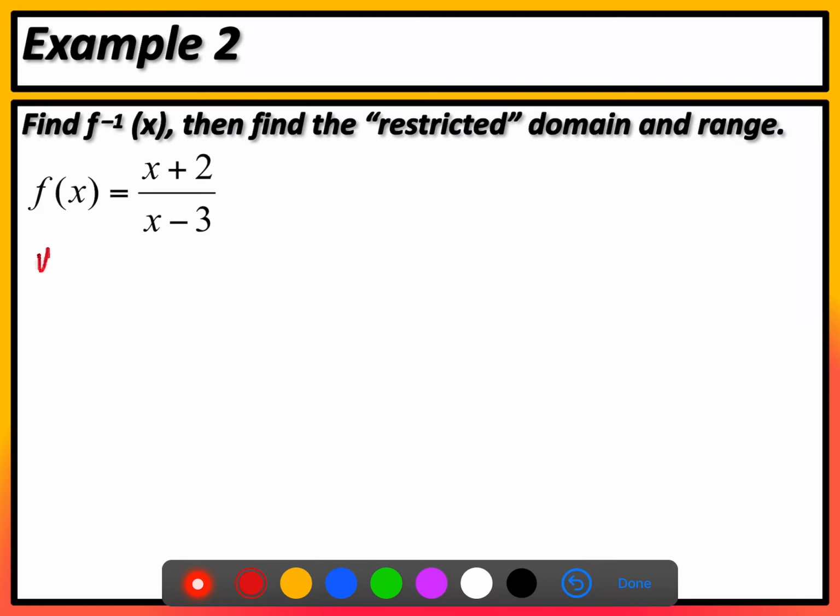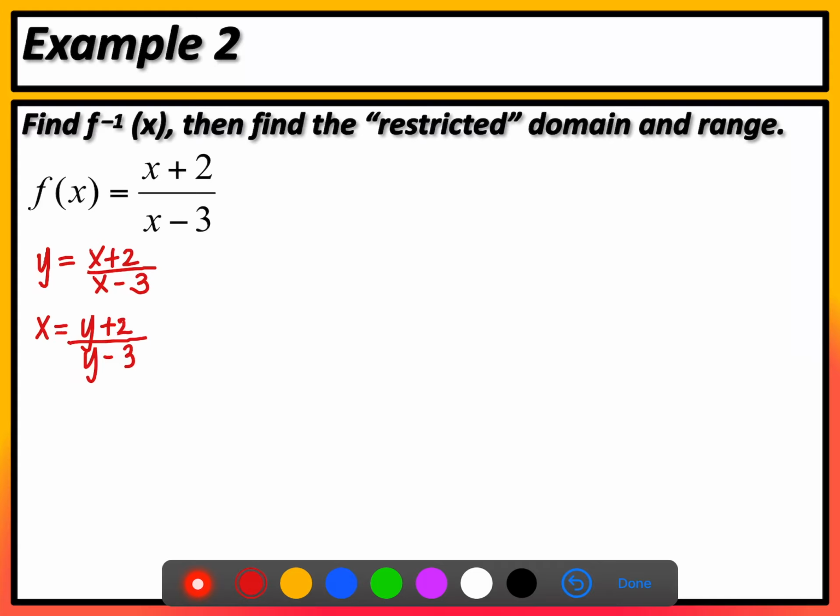Okay, so I'm switching out f of x for y equals. Okay, and then I'm going to change the place of my variables. So the reason that this becomes a little bit more complicated is that you're trying to solve for y now, and you have y in two places.